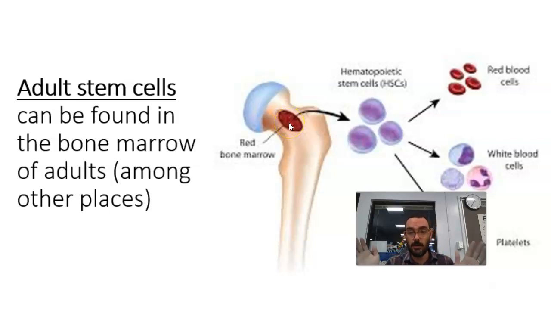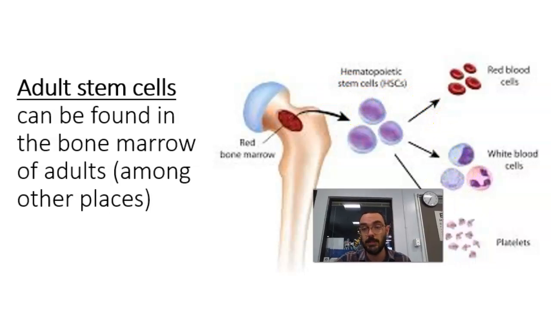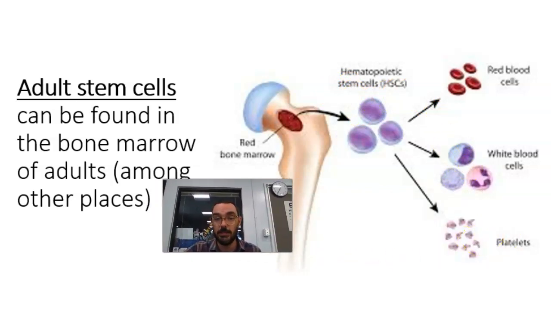Now, you might not know this, so in case you don't, your blood originates from your bones, actually, and it's the bone marrow that's responsible for producing new blood cells. And so those new blood cells will come from adult stem cells, and they have the ability to differentiate into different types of blood cells: white blood cells, red blood cells, and these little guys called platelets.